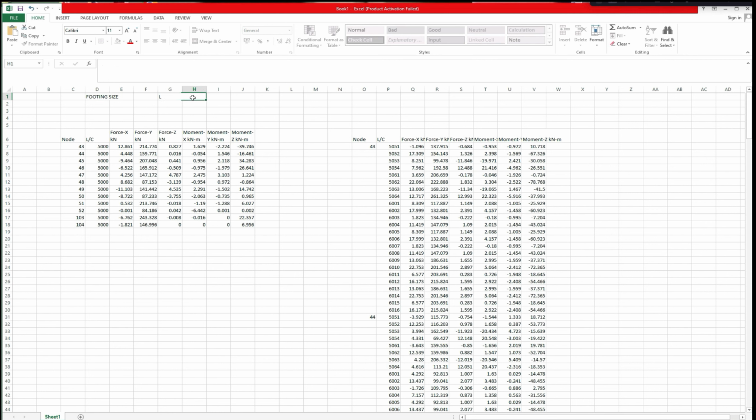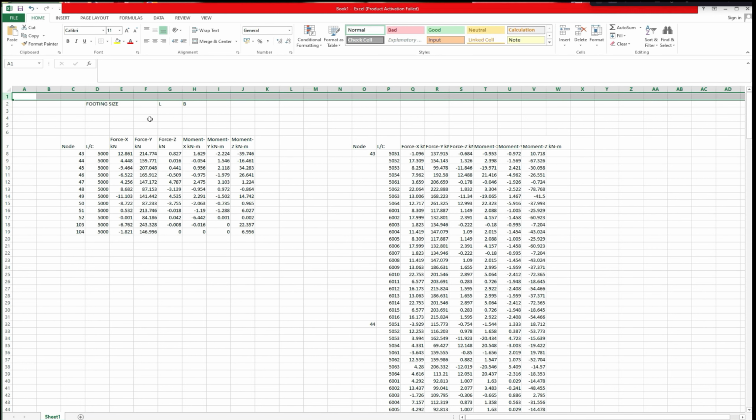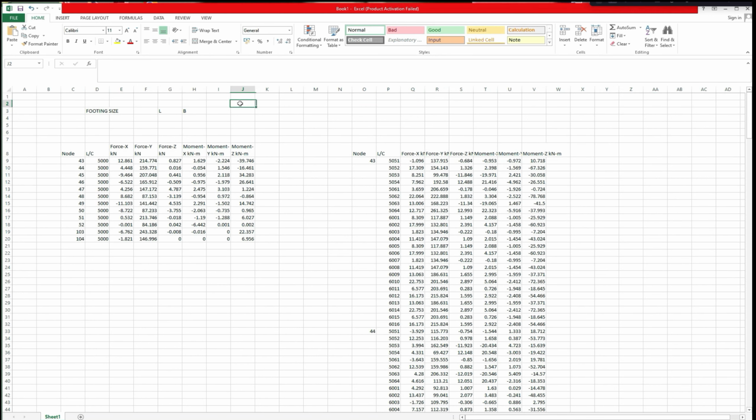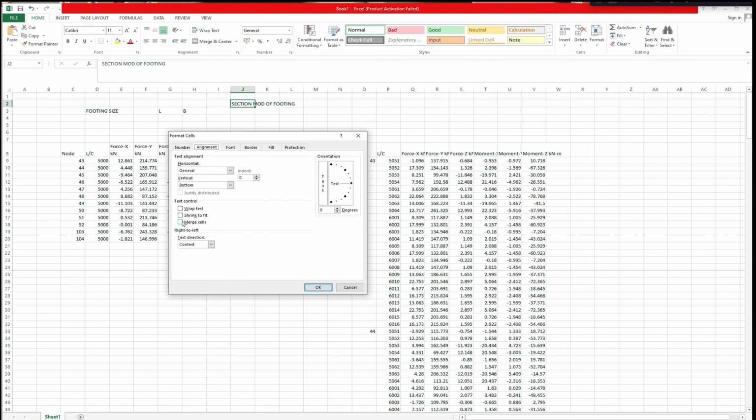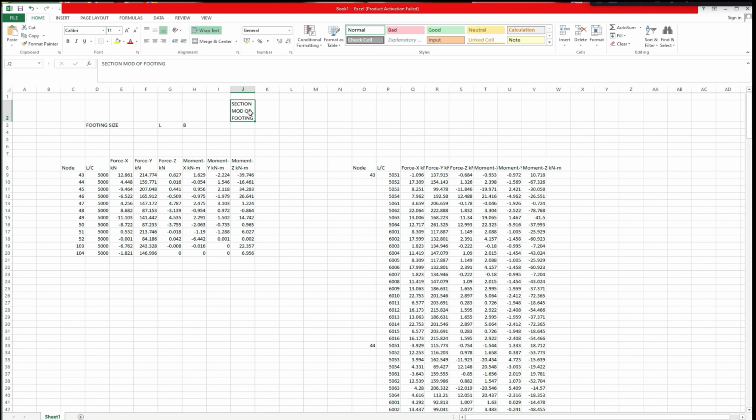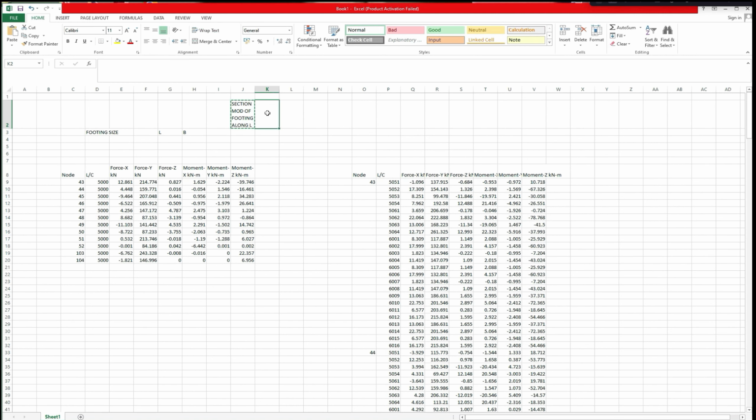L, B. Now the section modulus of footing along length, and then section modulus of footing along breadth.